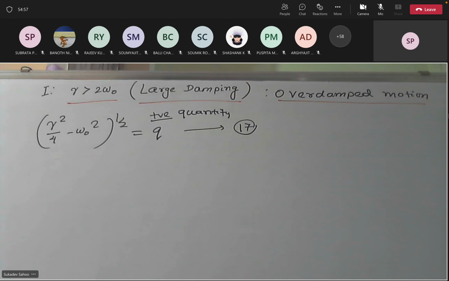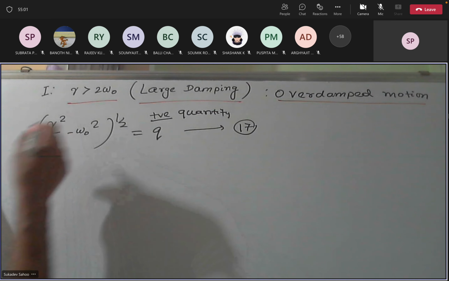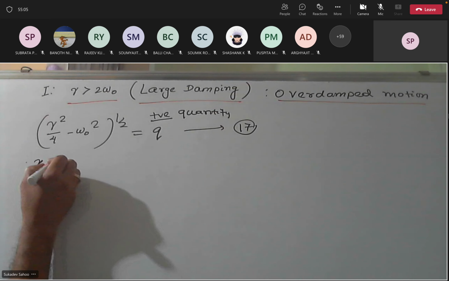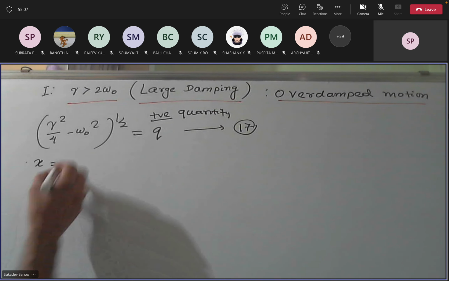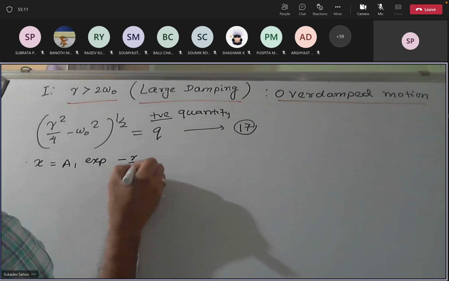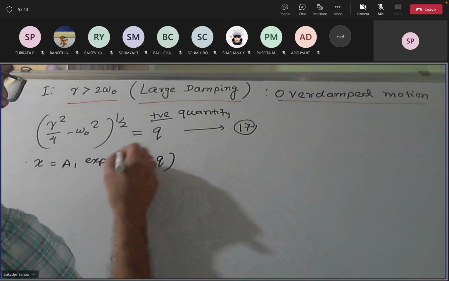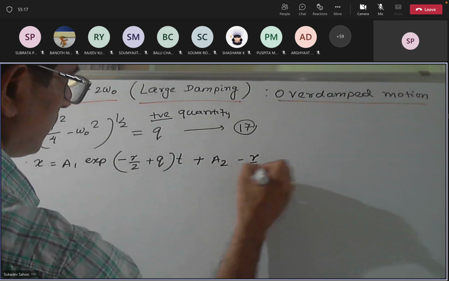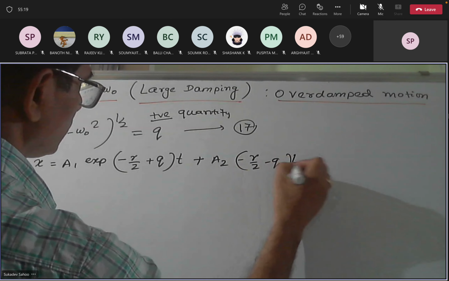Positive real quantity. So now we can write the general solution or displacement of that damped harmonic oscillator. We can write x equal to A1 exponential minus gamma by 2 plus q into t, plus A2 exponential minus gamma by 2 minus q into t.